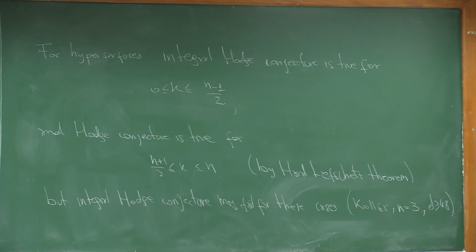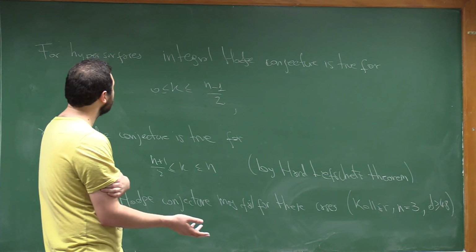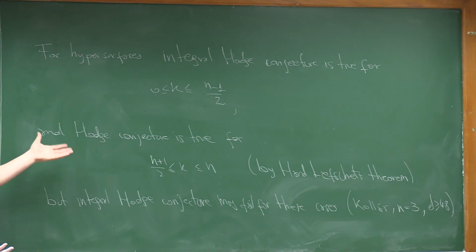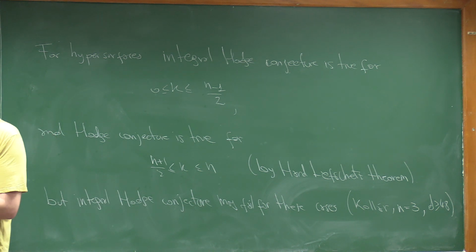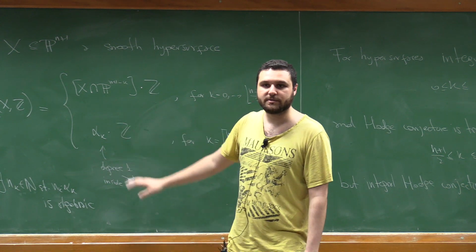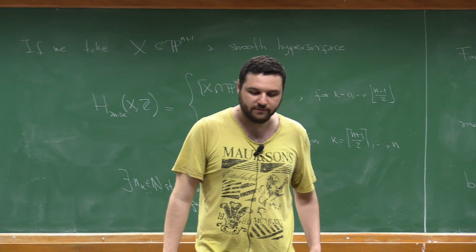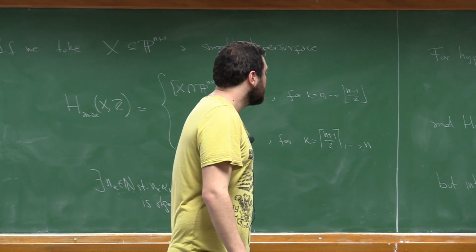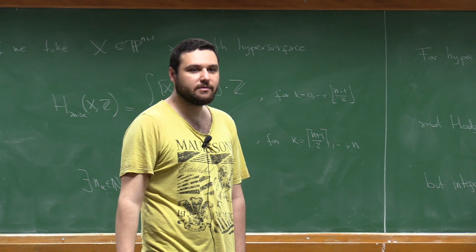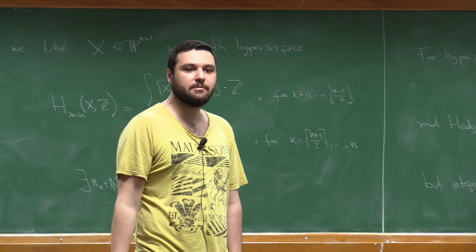I don't know. Yeah, it could happen. I mean, in general, it could happen. This is true just for hypersurfaces, right? And also, you can do almost the same thing for complete intersections. But for other varieties that are not complete intersections, I think that a priori it will be possible, but I don't know an example. I don't have anything in mind.